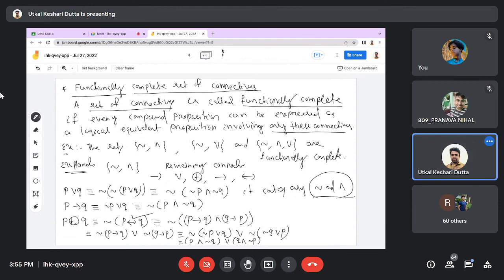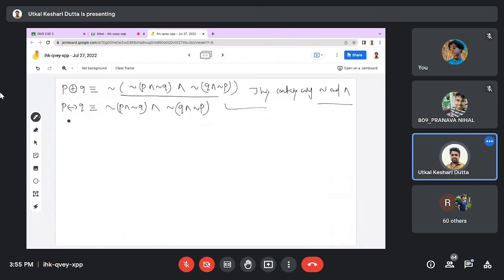So we have proved. This explanation concludes that negation and conjunction, this set of connectives, is functionally complete.